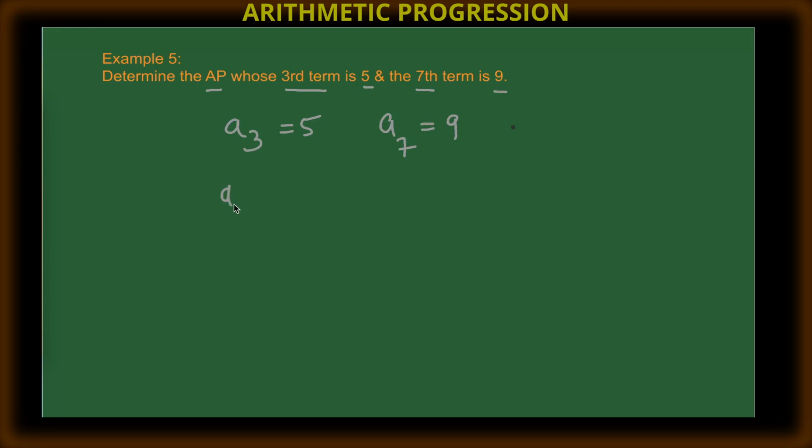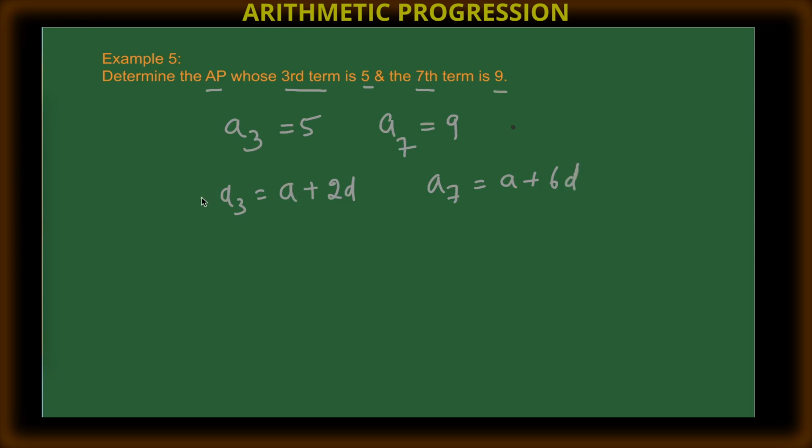So A3 is equal to A plus 2D, and A7 is equal to A plus 6D.